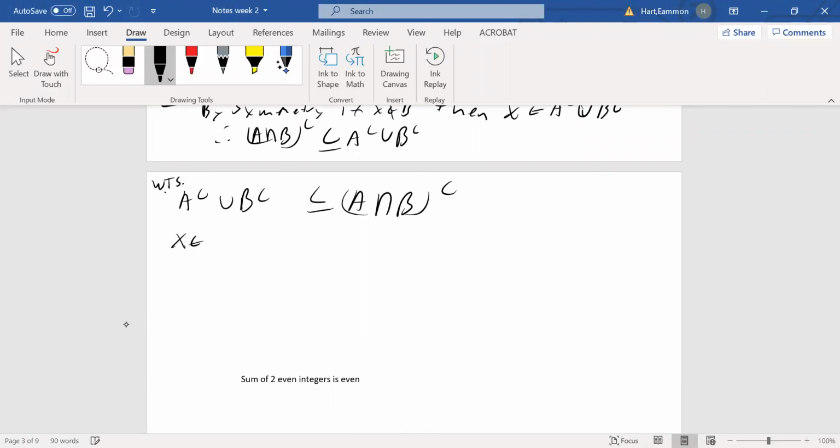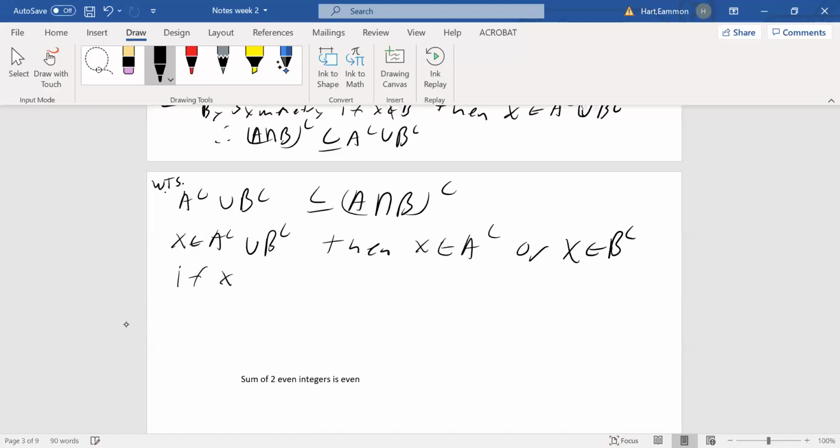If x is an element of A complement union B complement, then x is an element of A complement, or x is an element of B complement.